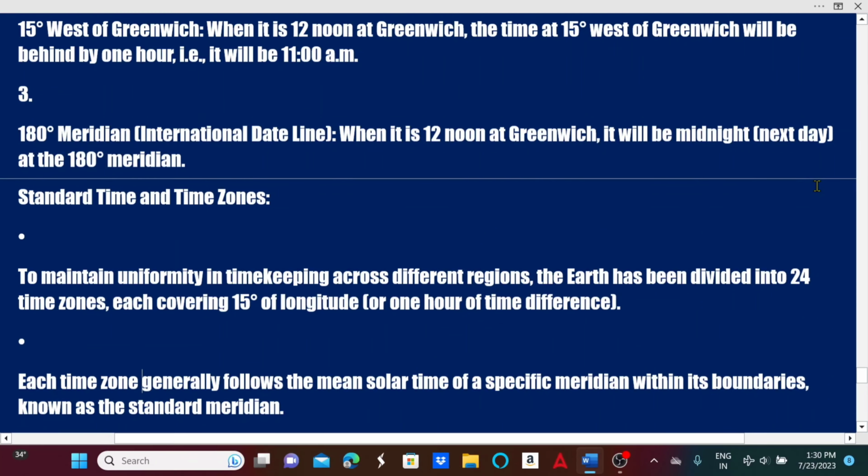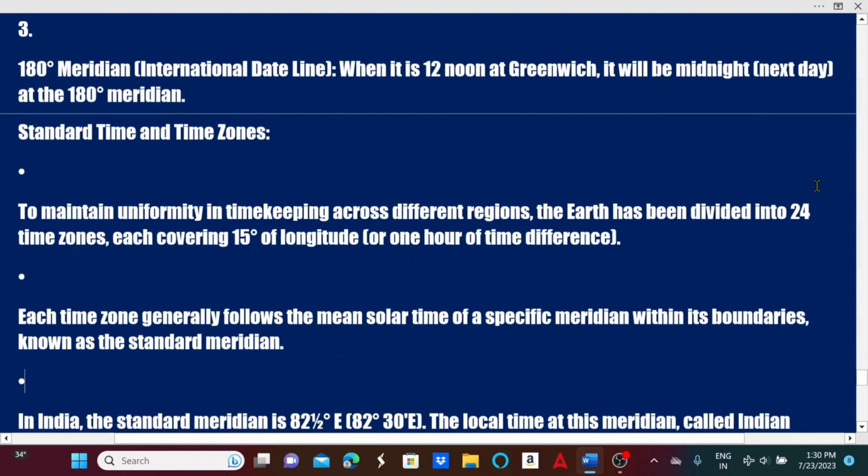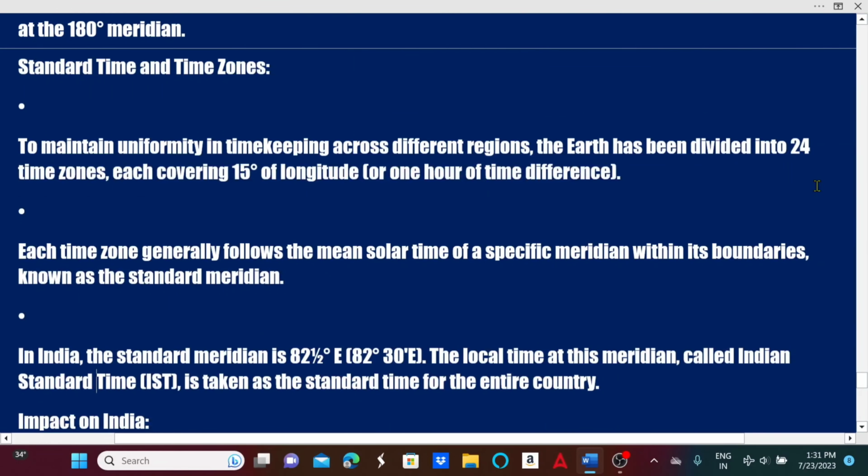Each time zone generally follows the mean solar time of a specific meridian within its boundaries, known as the standard meridian. In India, the standard meridian is at 82 1/2 degrees east, 82 30 E. The local time at this meridian is called Indian Standard Time.